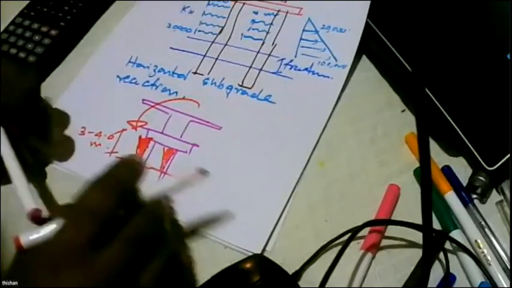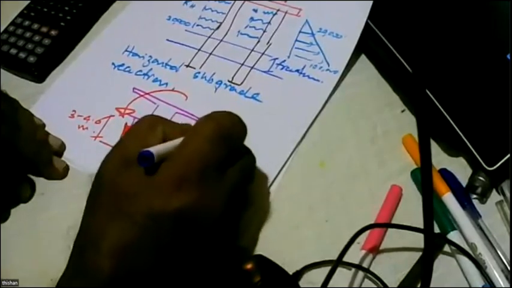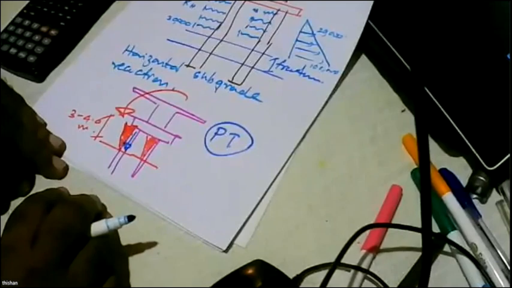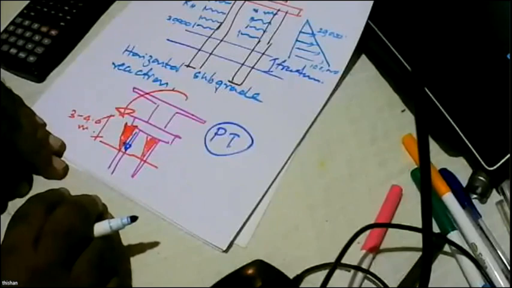And then when you look at the behavior of the pile, it is a member subjected to axial compression. So it's like a pre-stressed concrete member, because any member subjected to axial compression can behave like a pre-stressed concrete member. And we all know pre-stressed concrete members have a huge moment carrying capacity.